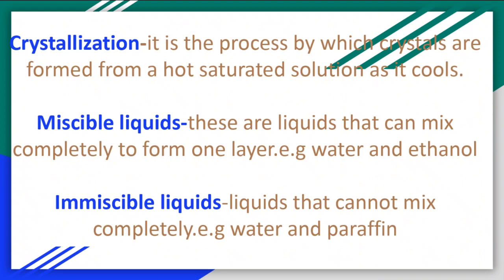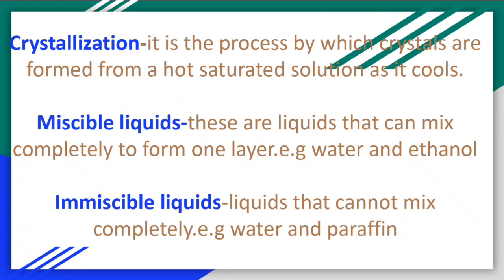So those are some of the terms we shall be coming across as we discuss the methods of separating different mixtures. Now, what are some of these methods of separating mixtures? Separation of mixtures depends on differences in physical properties of the substances in the mixture.